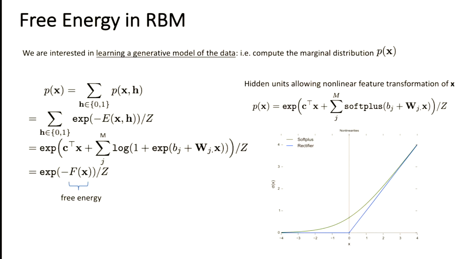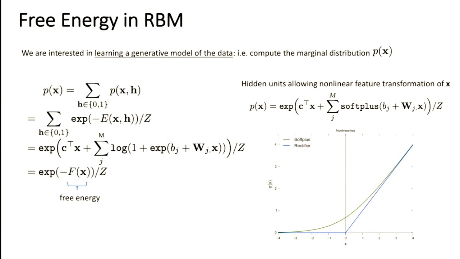P of x is equal to marginalizing over all the hidden units, which, if binary, take values 0 and 1, of the total joint distribution over the visibles and your hiddens. If you write out the joint distribution in the form of the energy function, it's the exponential of your energy function normalized by the partition function Z. And Z, because you have hidden and visible, needs to sum over all the visible and hidden units.